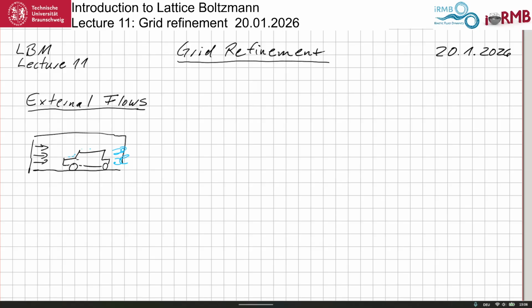As there is an interaction of the wake and the vehicle, but this is not so strong. So actually, what you care about is the dissipation, because this gives you your drag force, and all the dissipation happens close to the surface.